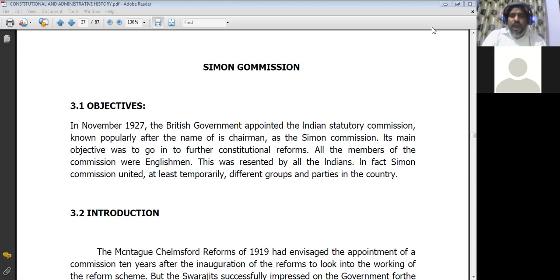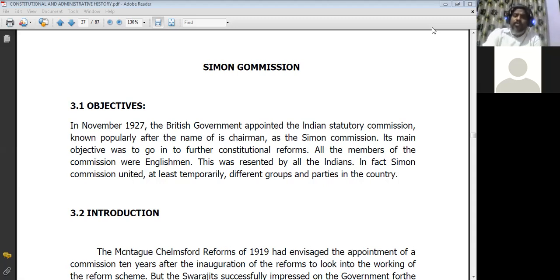Okay, so after the Muddiman Committee, another important commission, appointed in 1927, was the Simon Commission. In November 1927, the British government appointed the Indian Statutory Commission, known popularly after the name of its chairman as the Simon Commission.